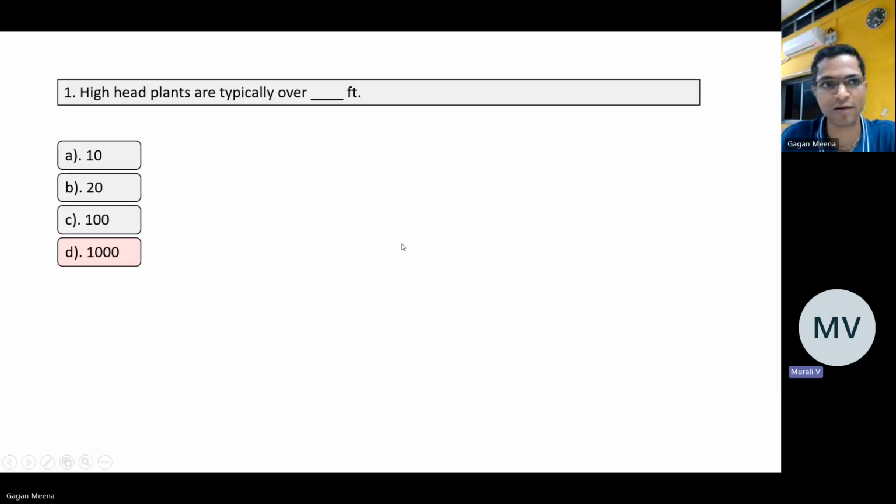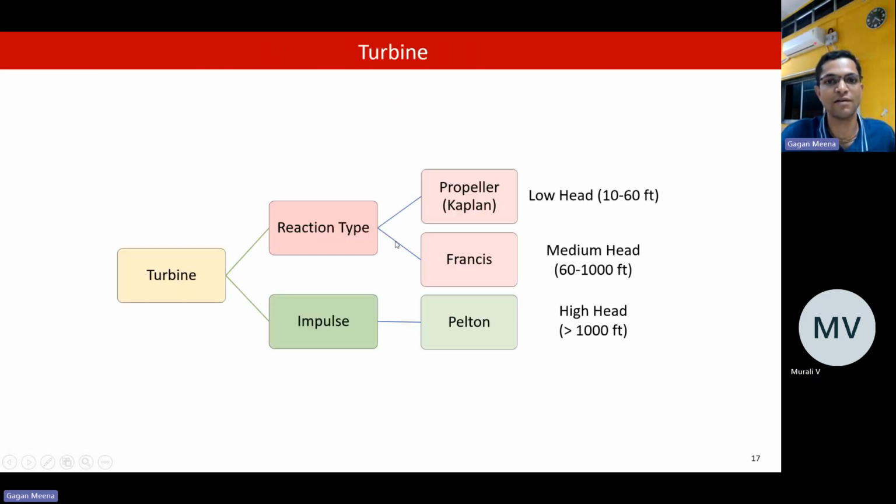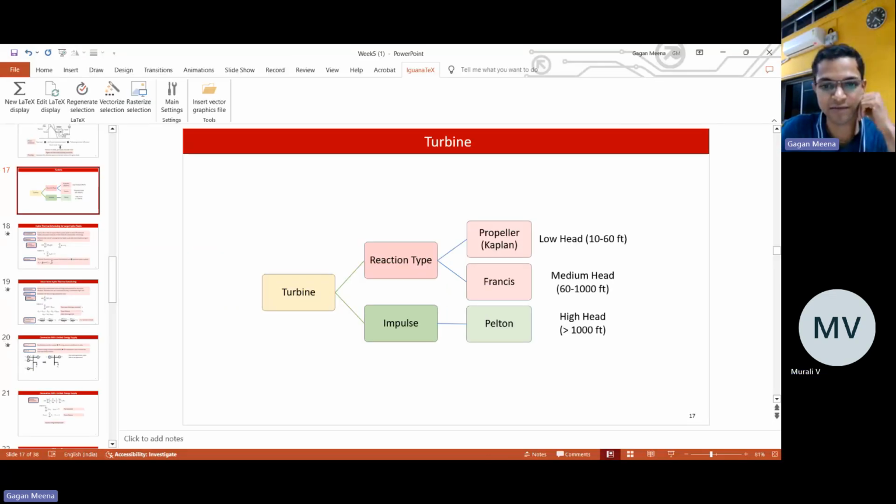Question number 7. Let me just open that assignment. Can you read that question? For economic dispatch that neglects both the line losses and... You had posted it in the discussion forum also, right?